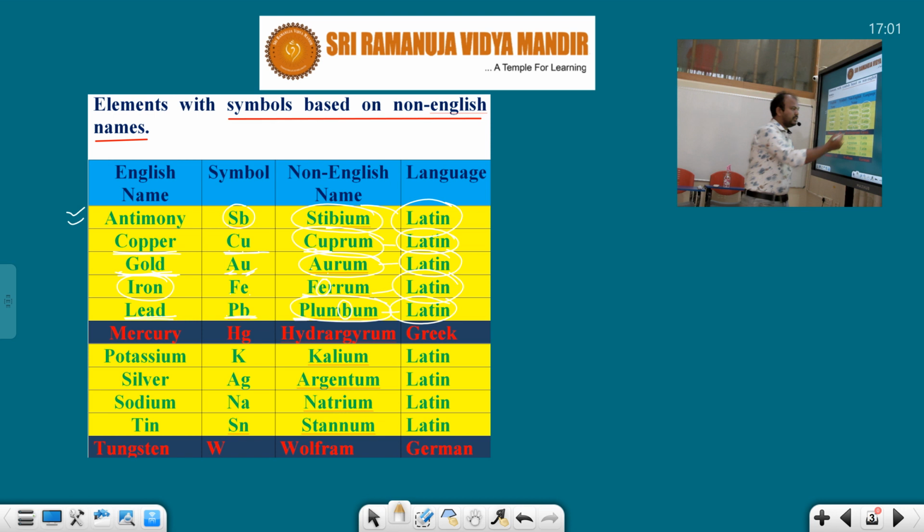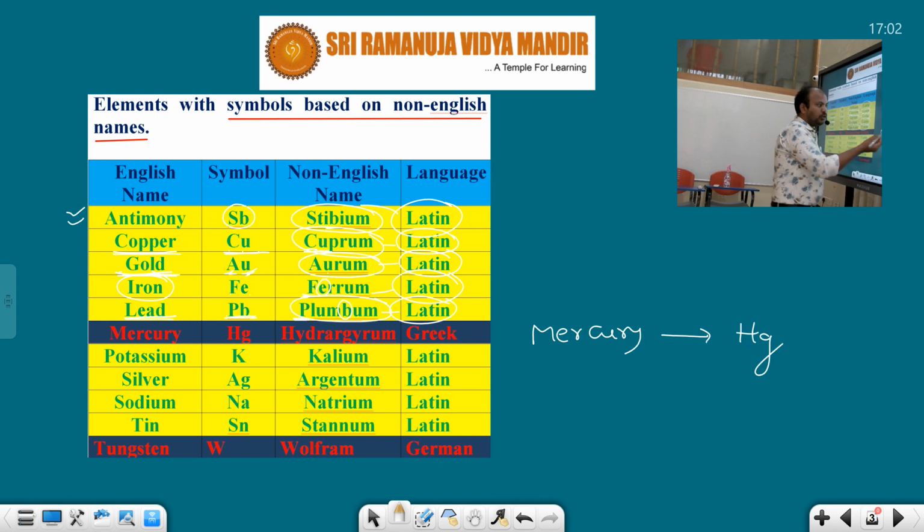Symbol is Pb. If you take mercury, we know it is the only metal which is available in liquid state at room temperature. So mercury, this symbol is Hg, but there is no H and no G in that English word. How does this come?